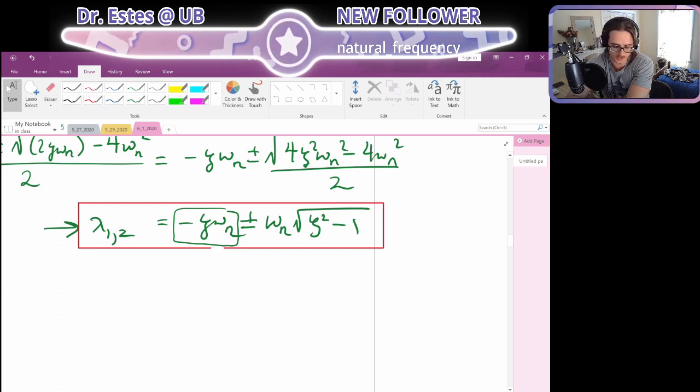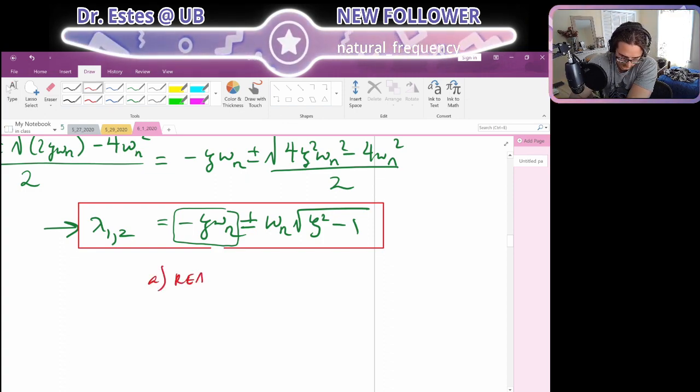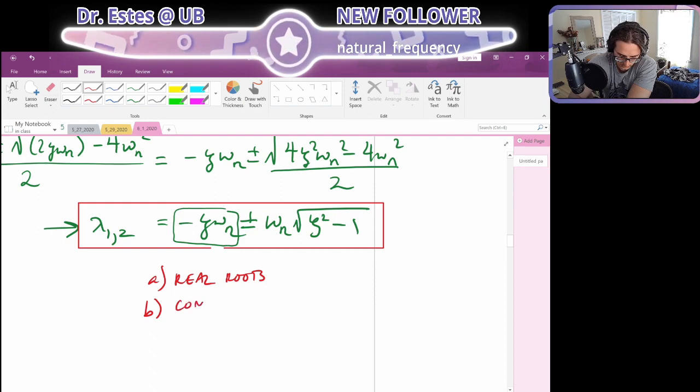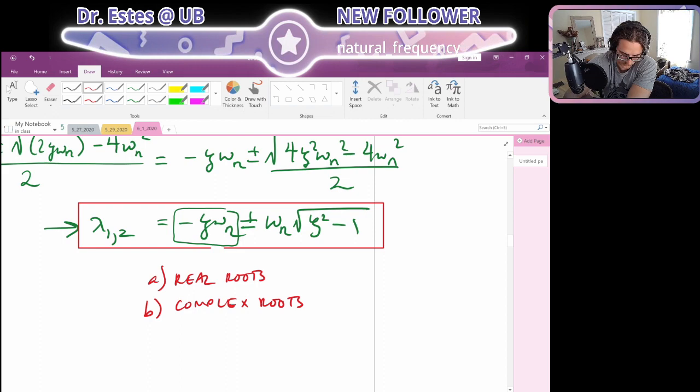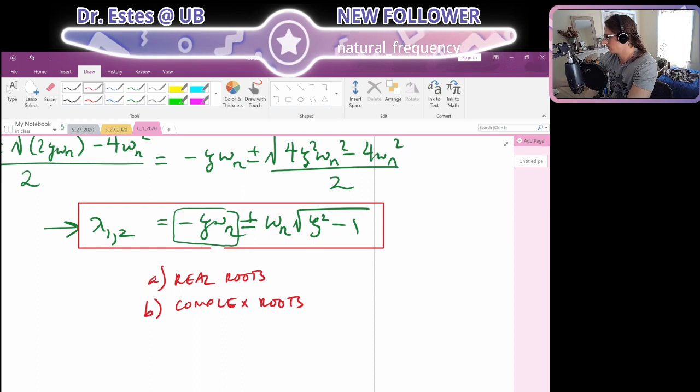So the options are A, real roots, B, complex roots, actually I'll just give you those two options for right now. If zeta is between 0 and 1, what do you get, A or B?